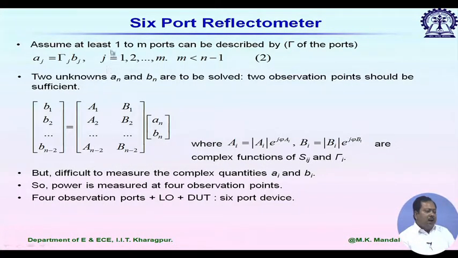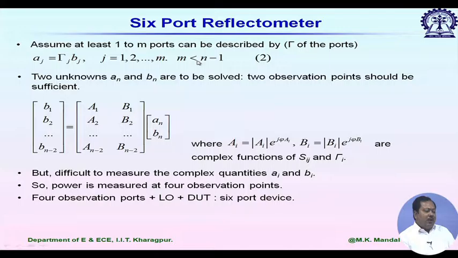Now, assume at least ports 1 to m can be described by gamma. That means we have m number of equations: Aj equal to gamma j into Bj, where j equal to 1 to m, and m is less than n minus 1.